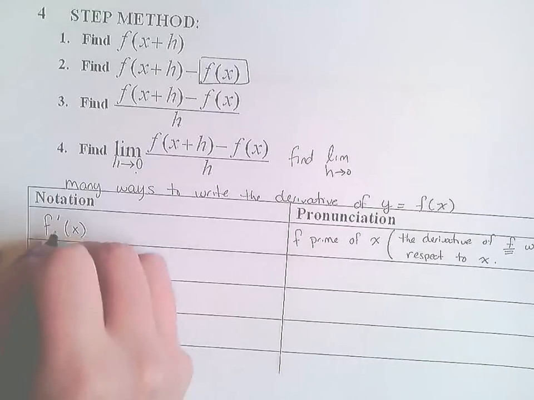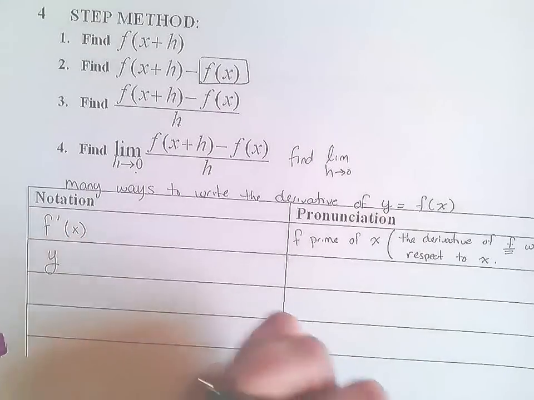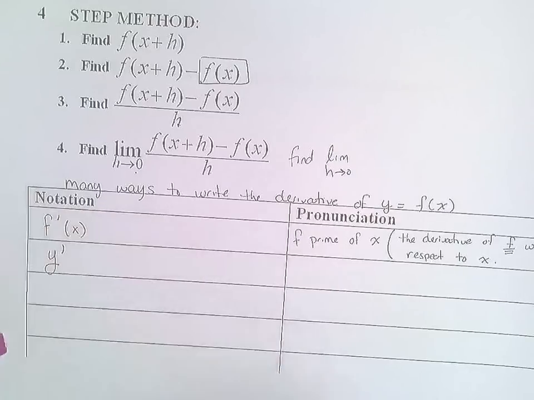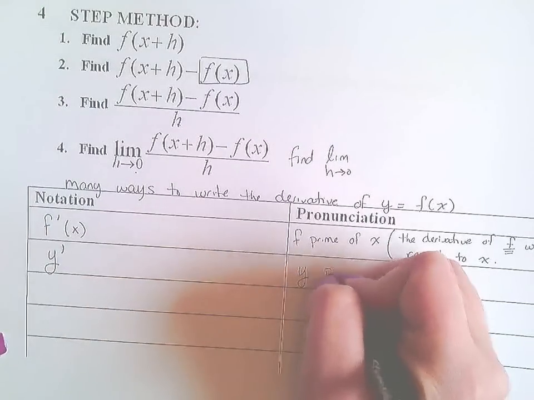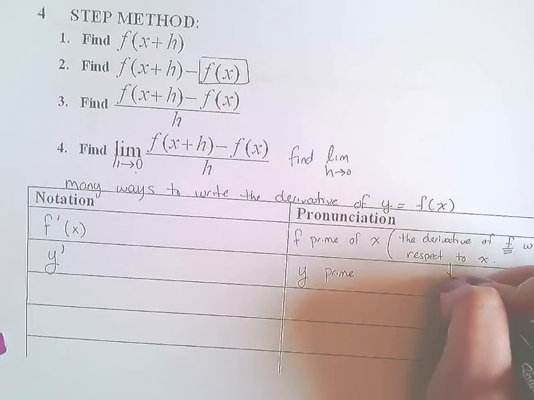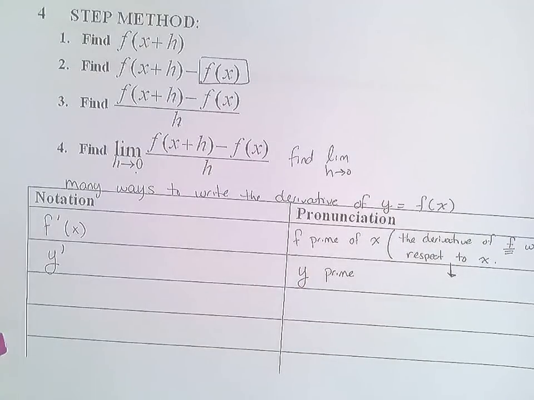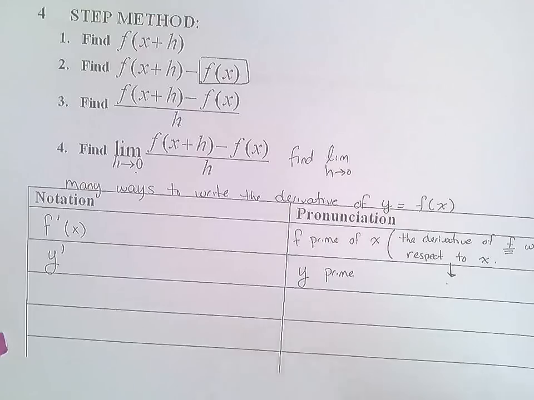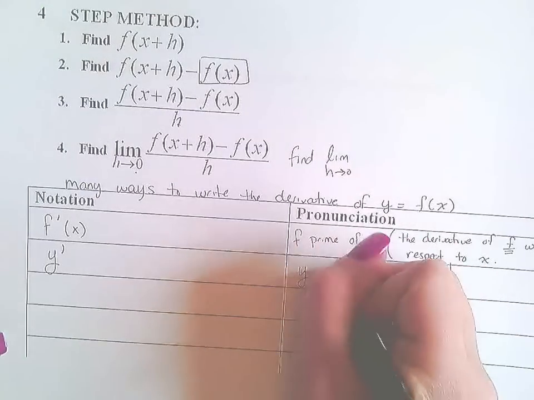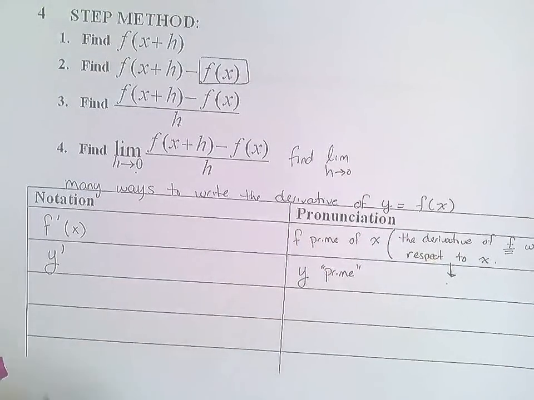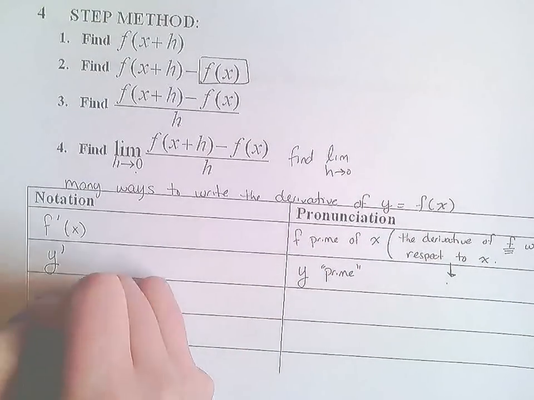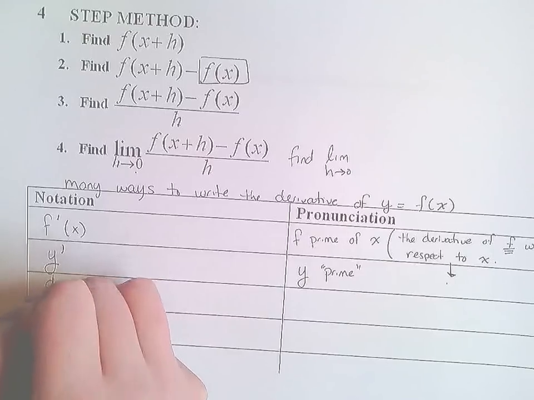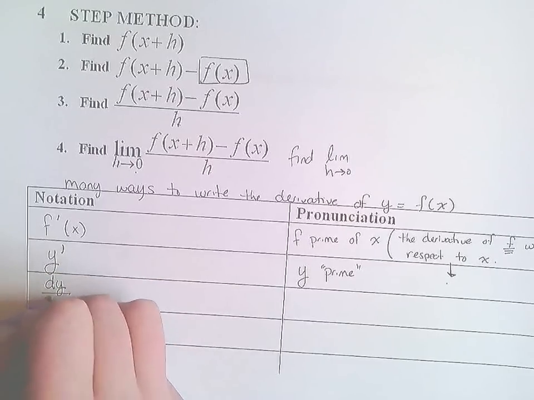So another way, instead of f of x, we know that we can write down y. So we can say y prime, which also means the derivative of y with respect to x. Okay, another notation is dy over dx.